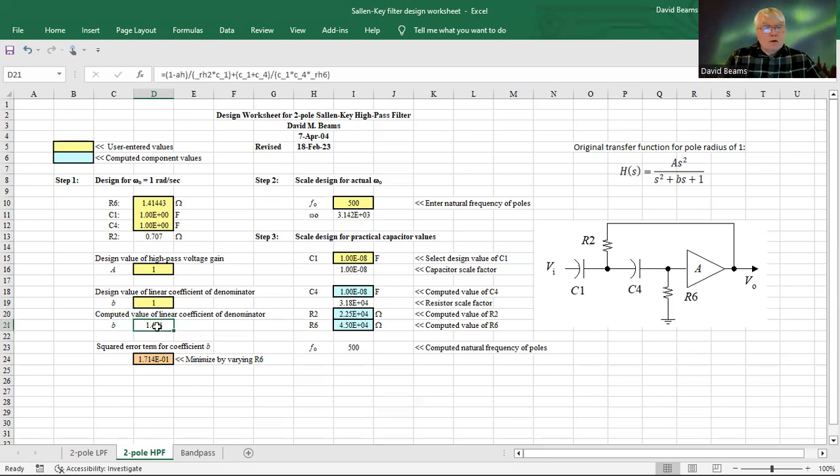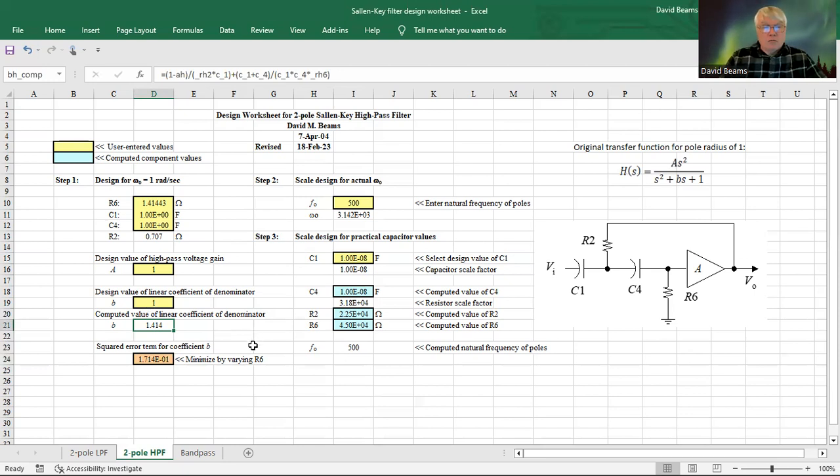Here in this cell is the computed value of the coefficient of the linear term. And our design task will be to vary ours to make this value identical to, or as close as possible to, the design value.